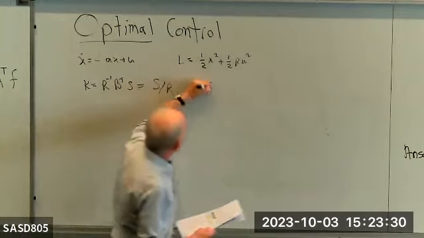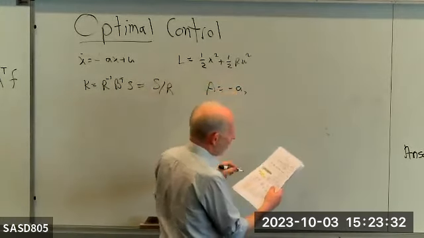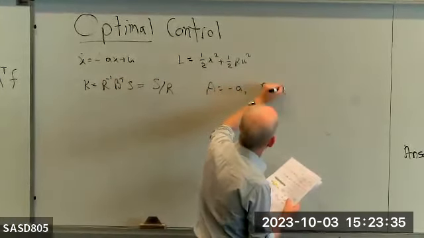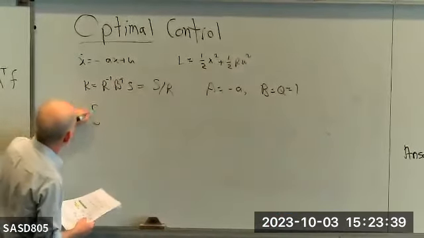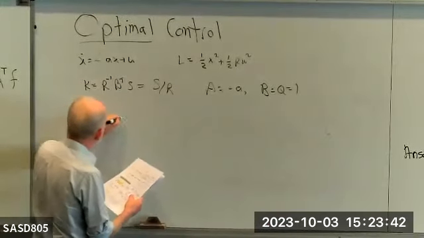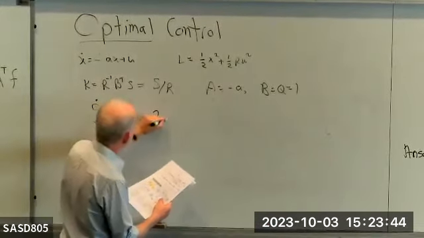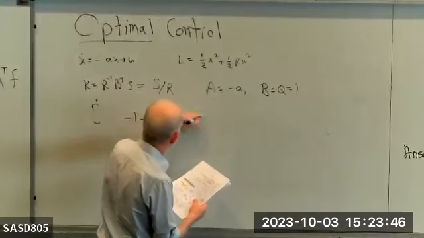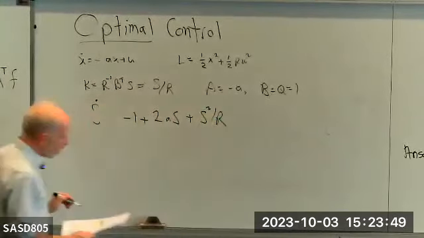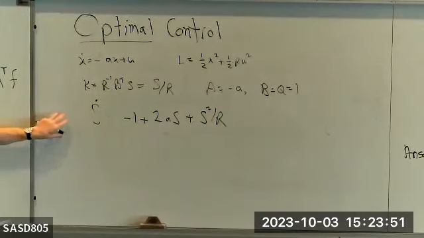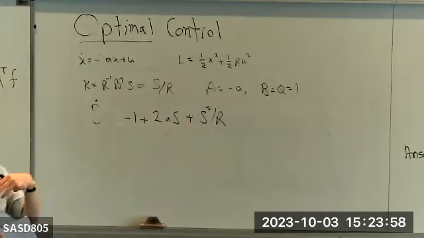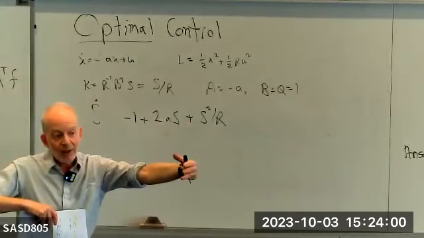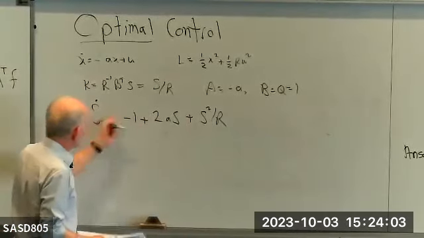A is minus A, B and Q are 1. And so then this Riccati equation turns out to be S dot is minus 1 plus 2AS plus S squared over R. So now it's just a differential equation for a scalar, but it's still a nonlinear one. In case you're looking at very long protocols the way that we did before, you could solve for steady state.